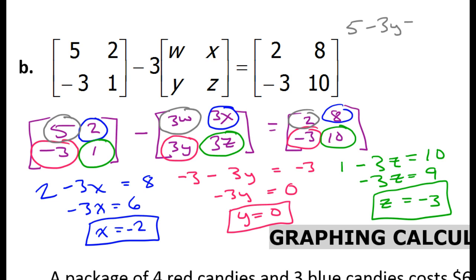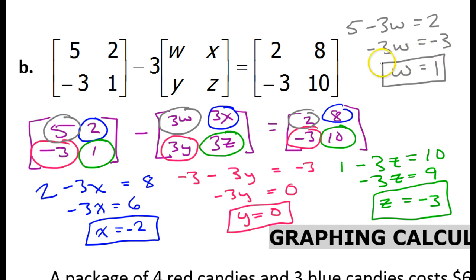Man, I am really disrespecting this w. 5 minus 3w is equal to 2. Subtracting 5 from both sides, I will get negative 3w is equal to negative 3. Dividing both sides by negative 3, and I get w equals 1. And that's it.